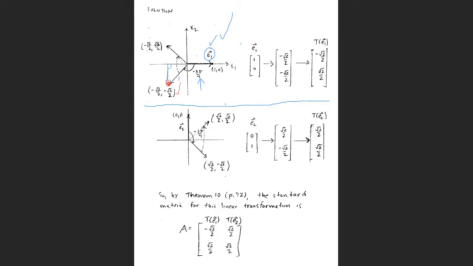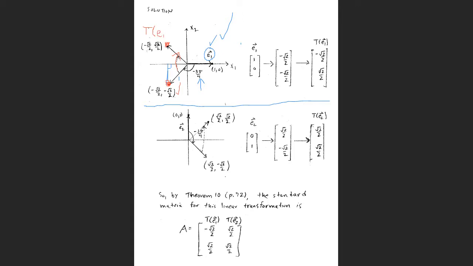But then what we're going to do is reflect that point through the horizontal x1 axis. So that's what's done here. And so that point then gets mapped to negative root 2 over 2, positive root 2 over 2. And so this is your final transformation of the E1 vector.